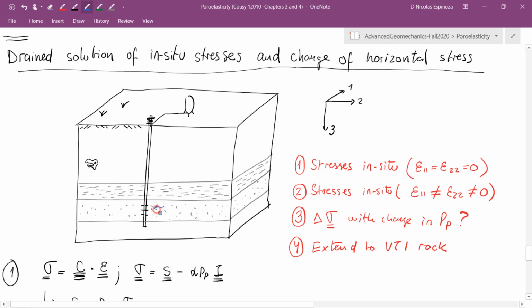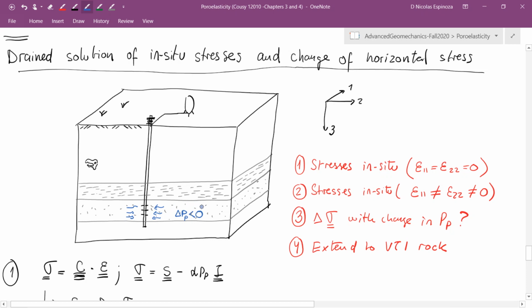As a result of drawdown, we may expect a change of pressure, which is going to be negative, which means we're going to lower the pore pressure in this formation.